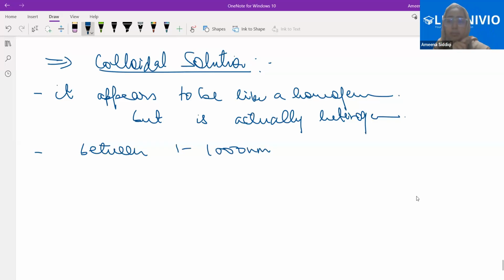That is between the size of the particles in solution and suspension. So it might appear that it has been dissolved properly because of its small size, but actually on the microscopic level, it is not dissolved. Therefore, it appears to be homogeneous, but is actually heterogeneous. It appears to be of uniform composition, but that uniform composition is actually not present. Please write it down.